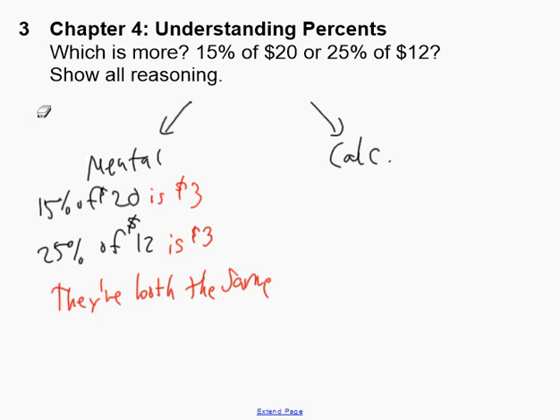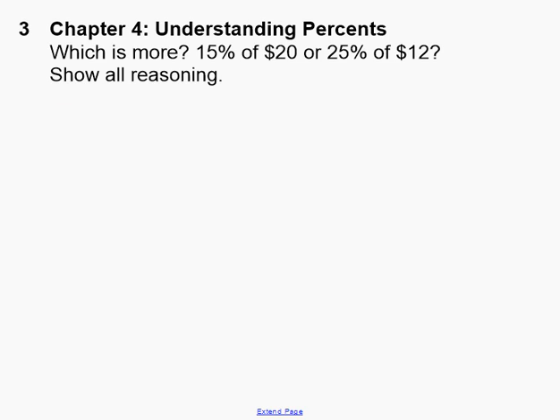So the other way we could have done it is with a calculator. And that's a little bit more tricky. But we'll look at it here. So the first question is 15% of $20. How do I do that with a calculator? Well, way back when, you learned that percentages were actually fractions out of 100. So 15% could be thought of as being 15 out of 100 because that's what percents were.